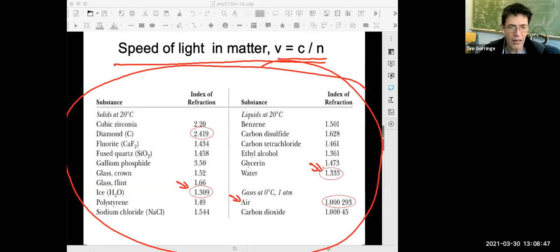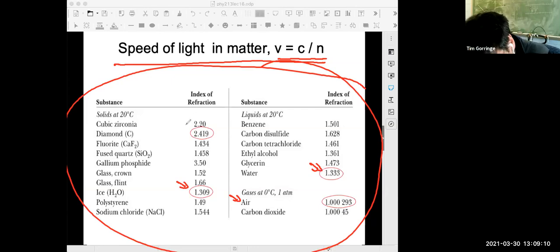So it's only something like 2 times 10 to the 8 meters per second, not 3 times 10 to the 8. Also in ice, light travels slower, by a factor of about 1.31. So again, it would be about 2 times 10 to the 8 meters per second. So light travels significantly slower in ice and water.